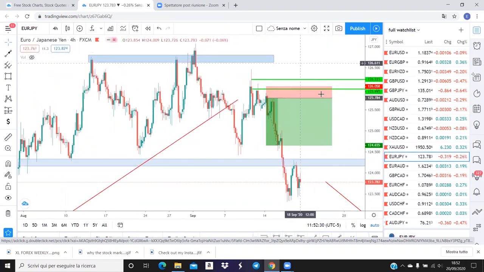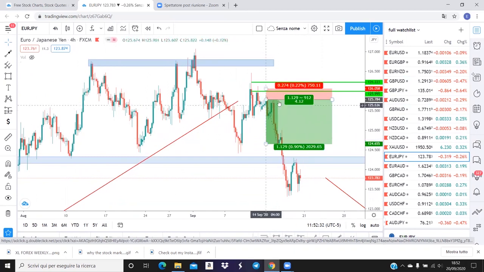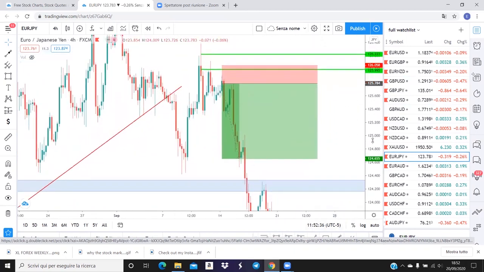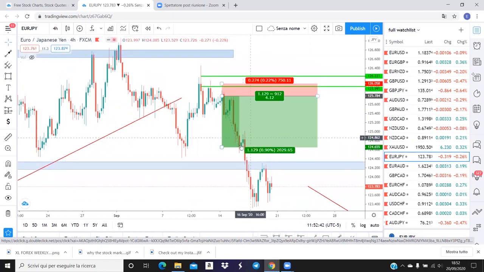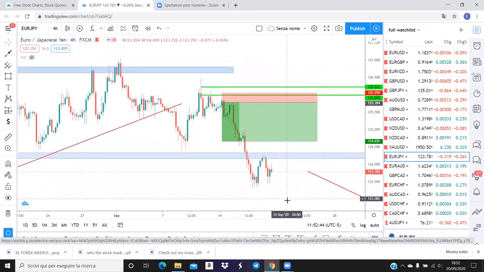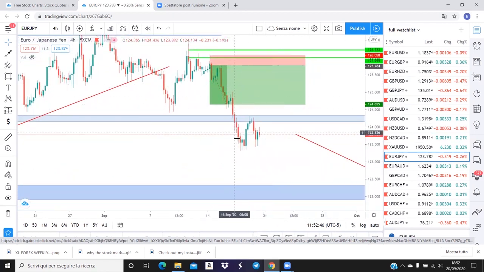Next pair is EURJPY. We were able to catch this very nice trade during last week with a very good risk-reward ratio of 1:4, and we actually hit take profit. At the moment, we can see that we continued with our bearish momentum and we had this break and retest pattern.